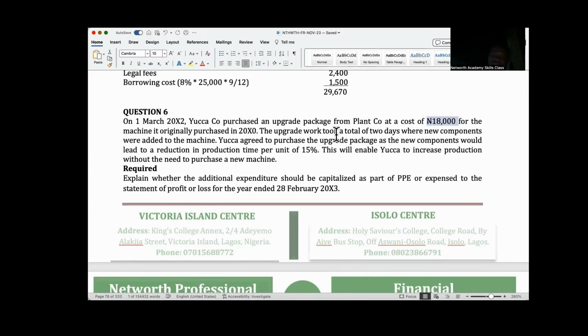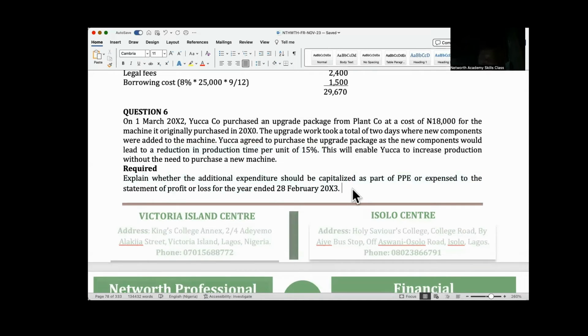And like I told you, you can only capitalize these costs if it will improve the productive capacity of the asset and if it will also improve the useful life of the asset. In this case, it will increase the productive capacity because it would result in a reduction in production time by 15%. Therefore, this 18,000 should be capitalized. And that's how you're going to explain it.